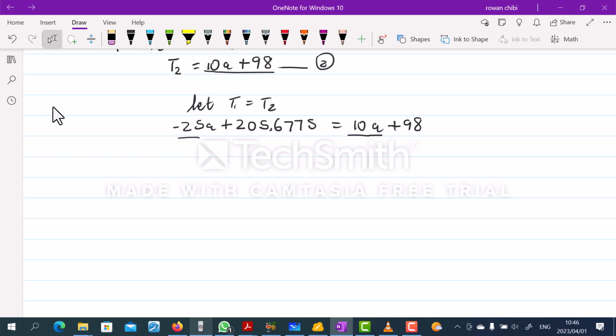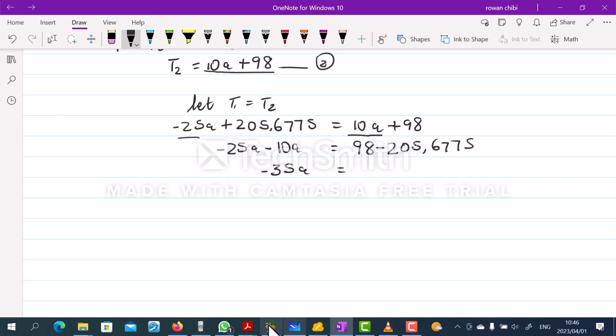Now we have this and that as like terms. Negative 25a and positive 10a are our like terms. So we're going to put the like terms on the same side. 25a minus 10a. Then 98 and that number is a like term. I'm going to put it on the right. 205.6775. So if these are like terms, 25 and 10, which is negative 35a.